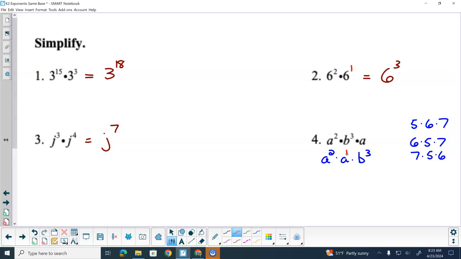So 2 plus 1 is 3. So then this one becomes a cubed b cubed. Can I go any further with this particular problem? No, because the bases aren't the same. Exactly. We can only go further if the bases are the same.